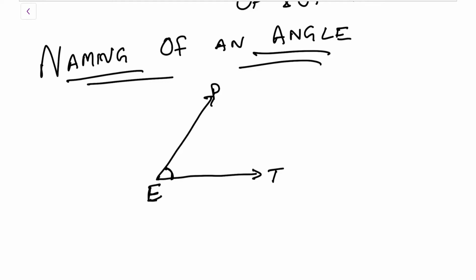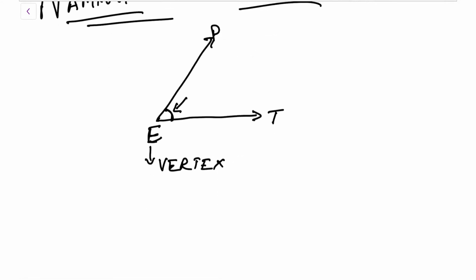There is only one angle, and it is formed at E. What is E called? That's right, it's called the vertex. So this angle can be named angle E, and it is read as angle E. Or you can also name it PET, read as angle PET.